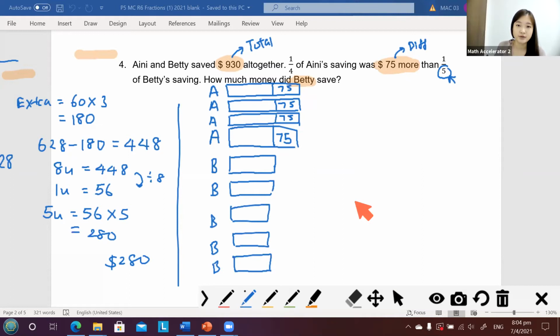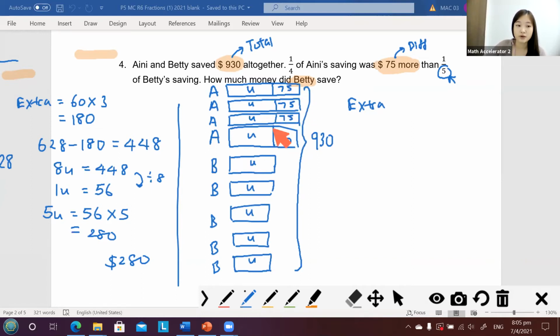Yes, correct. Then you subtract the extra. So label the total first. This is $930 for everything, all of Aini and all of Betty. So from here, look for the extra first, not including all of these equal units. We want to remove the 75 first. 75, but you have 1, 2, 3, 4 of it.